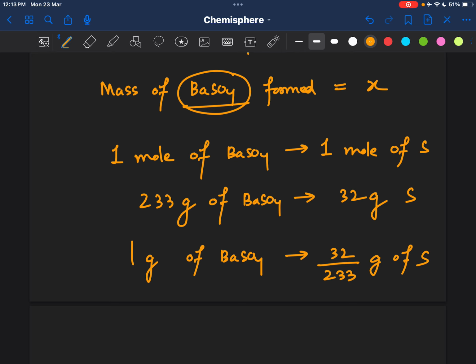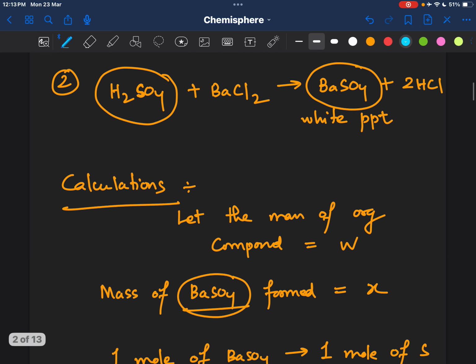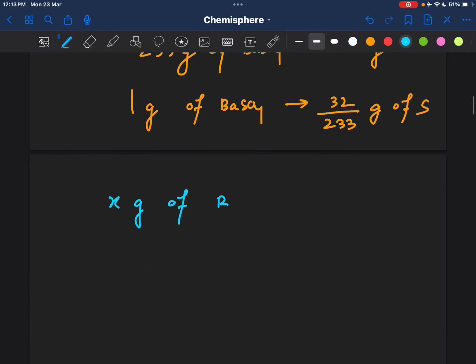Therefore, if we have x grams of BaSO4, then x gram of BaSO4 will give us 32 by 233 into x gram of sulfur.